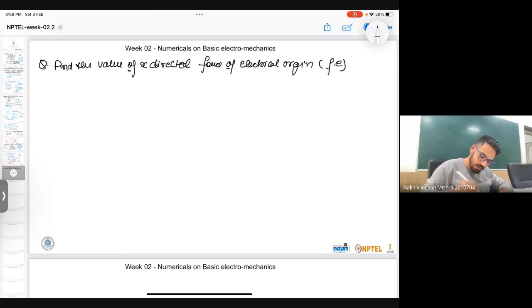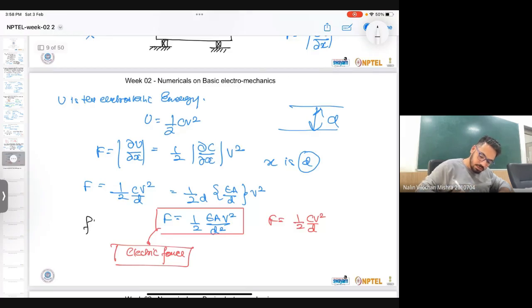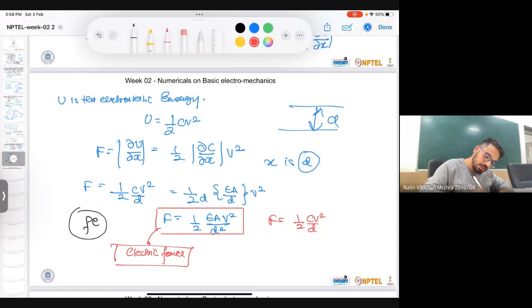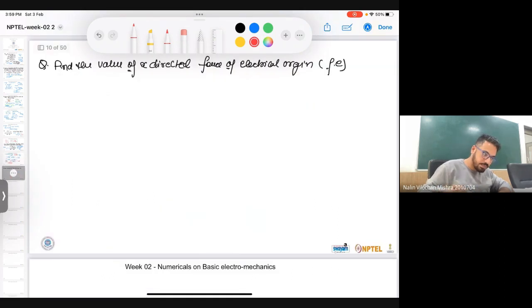What is Fe? Fe is this. The most general formula is like this. Fe is basically half dC/dx V square. The system of capacitance is given like this.